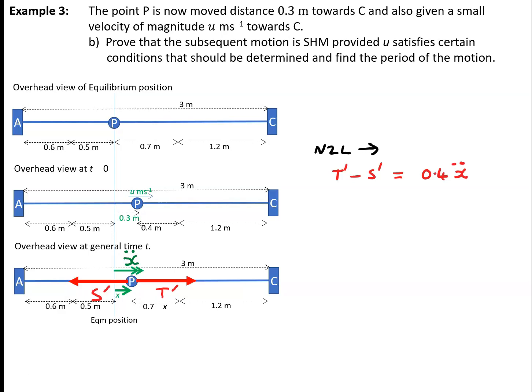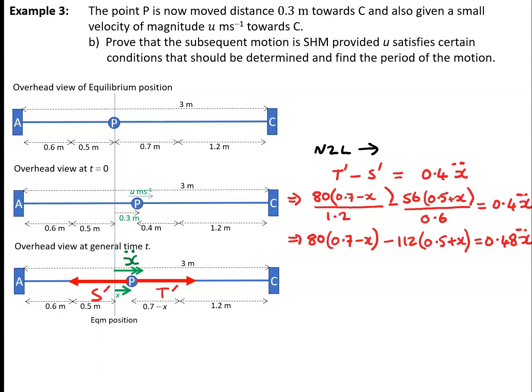So T dash is going to be equal to 80 times (0.7 minus x) divided by 1.2, and S dash is going to be 56, the modulus, times the extension (0.5 plus x) divided by the natural length 0.6. So my resultant force is there on the left hand side, equals 0.4 times x double dot.